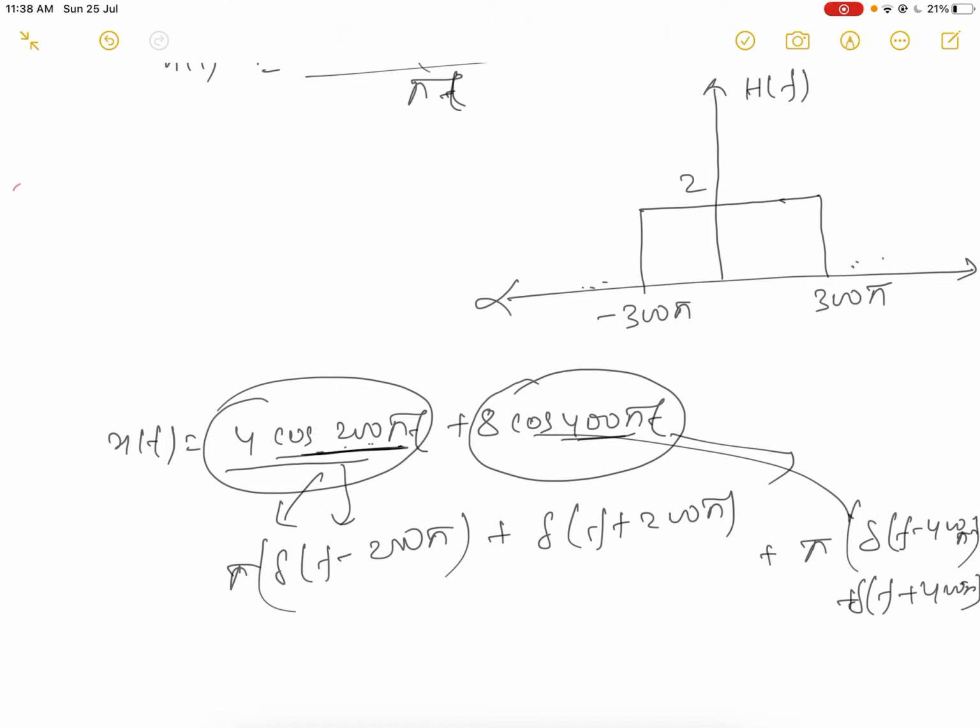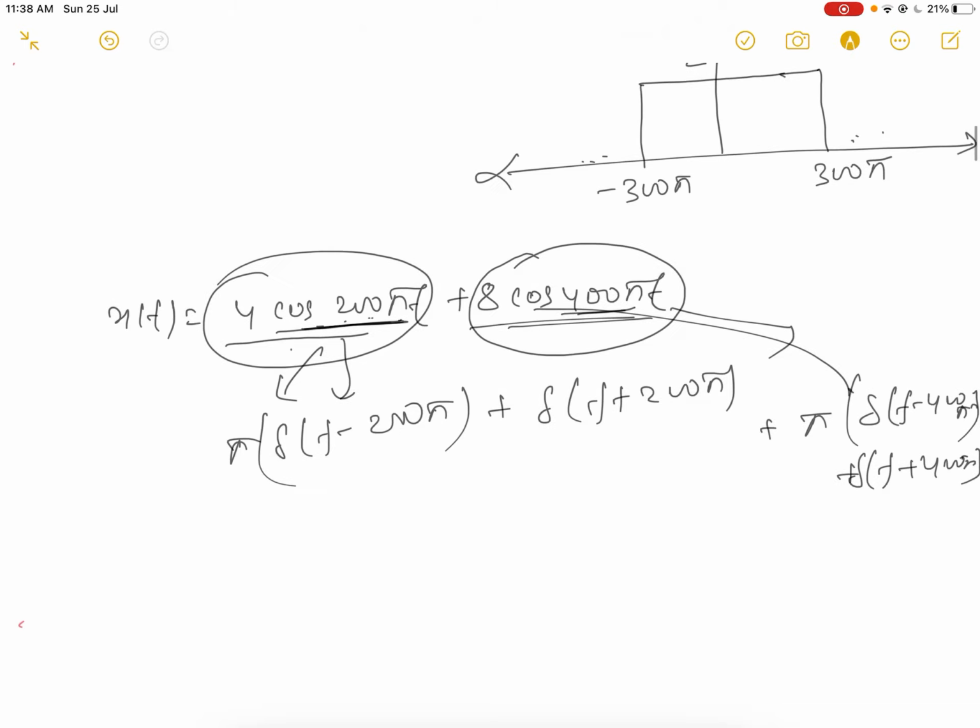When you take the convolution, one will be passed and the other will be restricted.